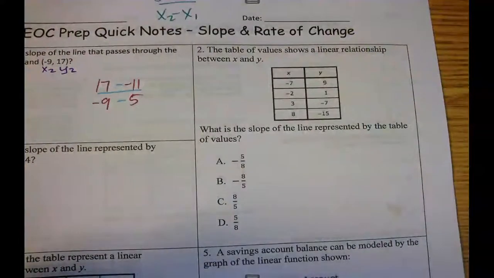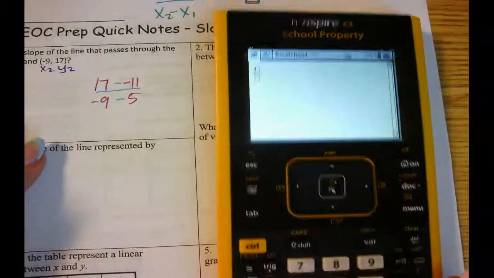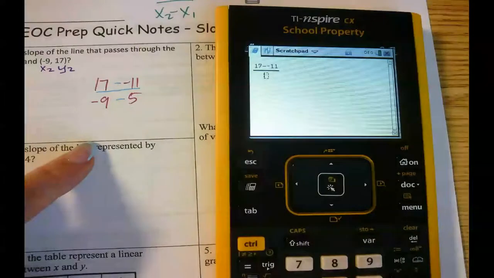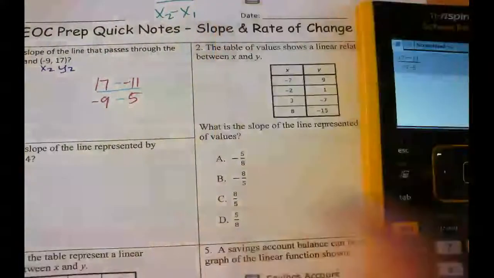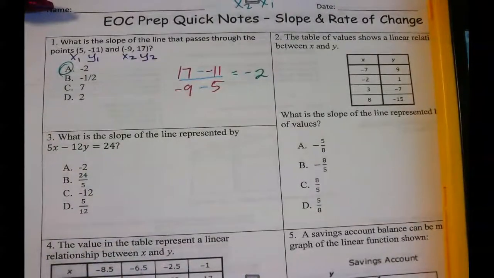What is going on with my calculator? There we go, I like this one better. 17 minus negative 11, negative 9 minus 5. Enter. And that is negative 2. This equals negative 2. Oh, A is my answer choice.